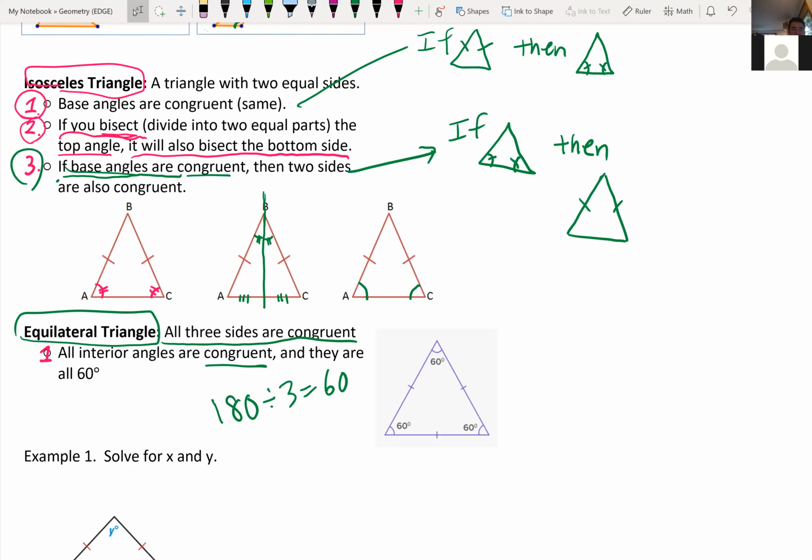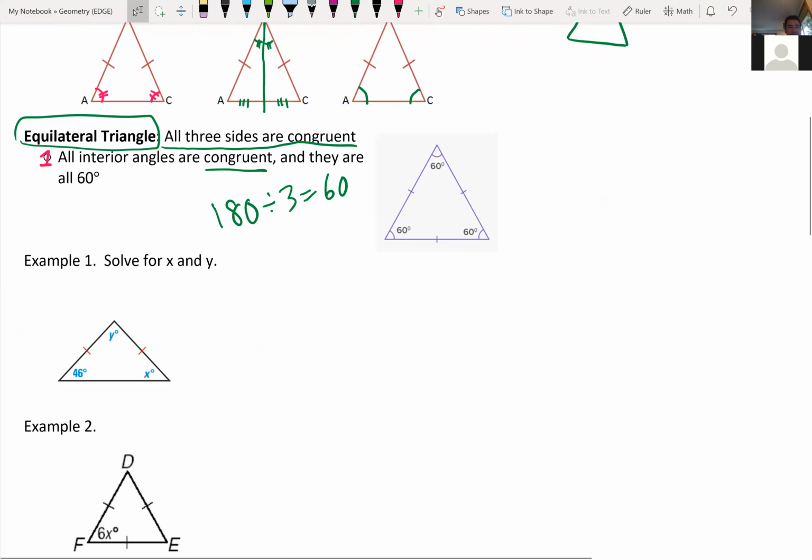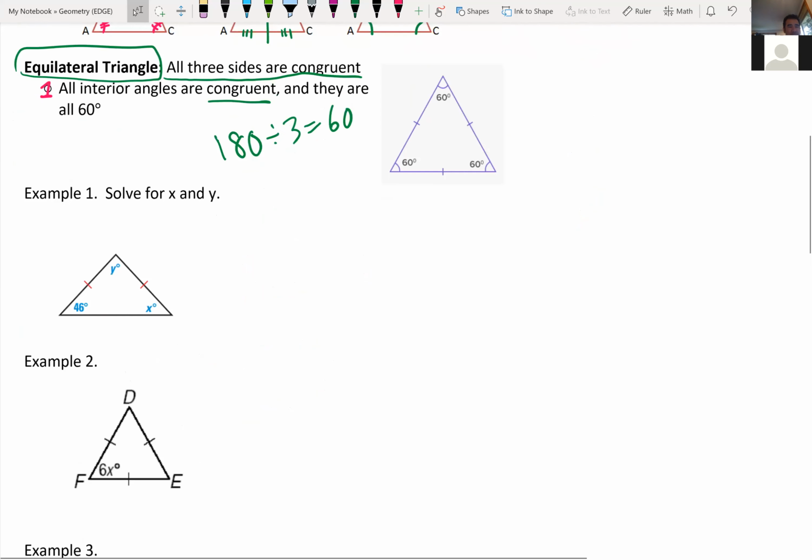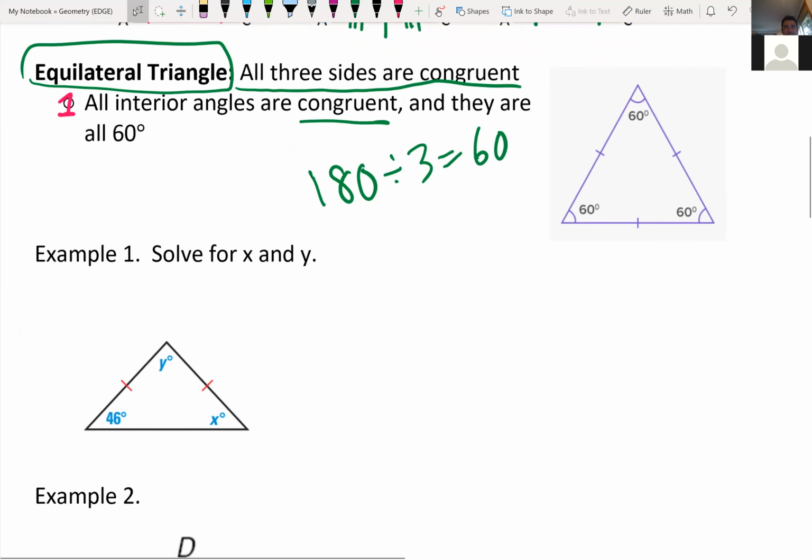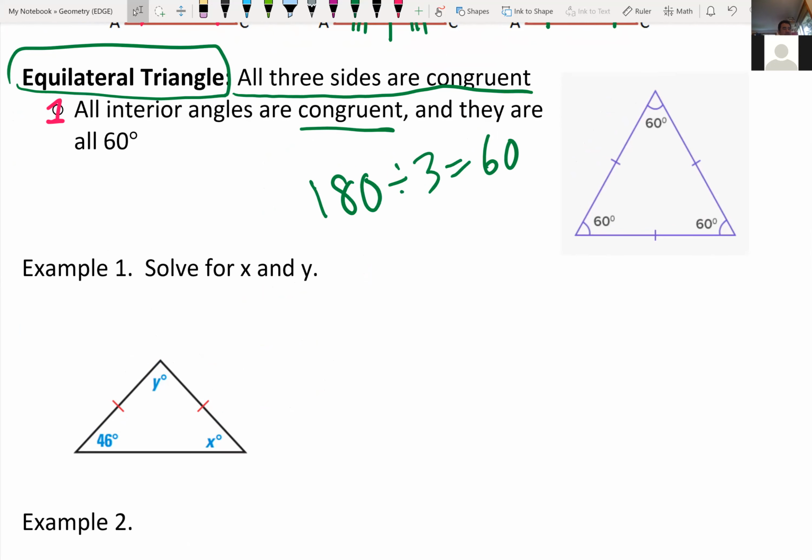Okay. Now let's do the assignment. Well, not the assignment, the examples. I just have 3 of them. Okay. Number 1, solve for x and y. Okay. So let's try that. Now, before we try to figure out x and y, can everybody tell me the name of the triangle for example number 1? What is the name of the triangle?